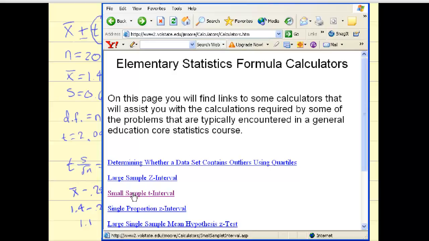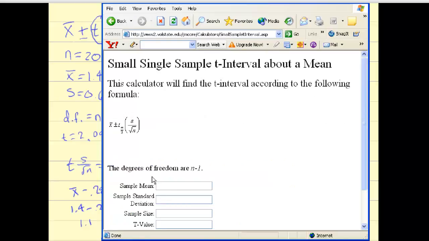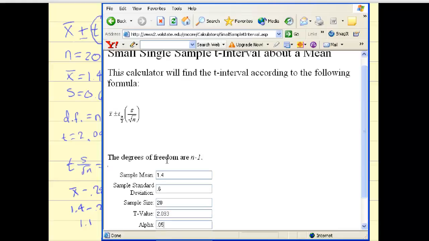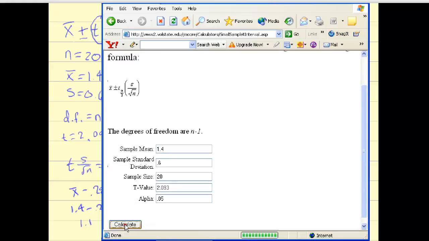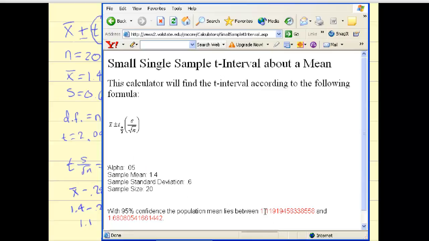And I'm going to use the small sample t interval calculator, and I'm just going to type in the stuff that I got from the problem. The sample mean was 1.4. The sample standard deviation was 0.6. The sample size was 20. The t-value is 2.093. The alpha level is 0.05. And now I'll just hit calculate. And it'll give me 1.1 to 1.7 if I round to 1 decimal place again.